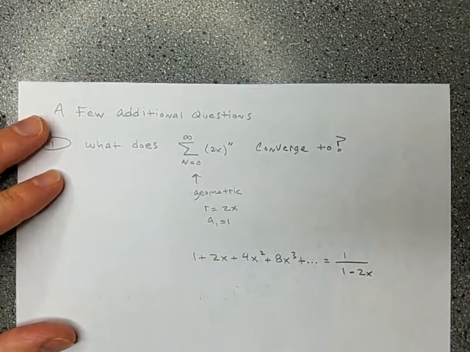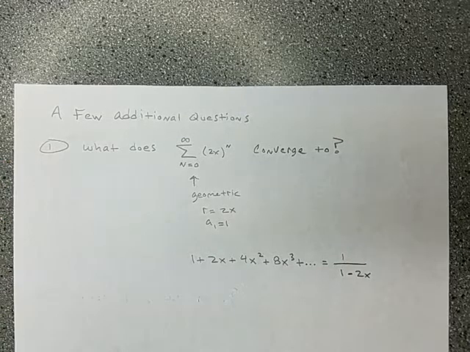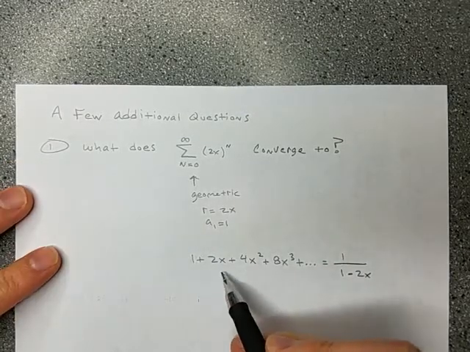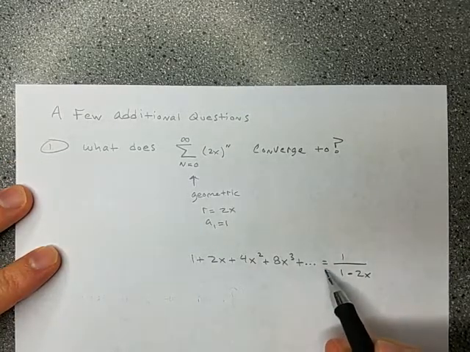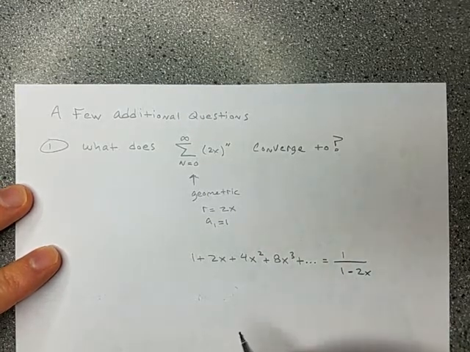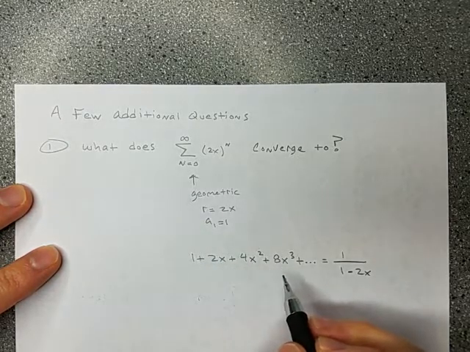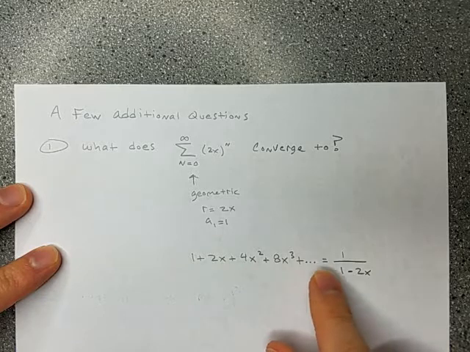So what does that series converge to? It converges to this. And that gives a statement that this power series is equivalent to that function. What do you think that means? That means when you put values of x in within the interval of convergence, this is equal to that.